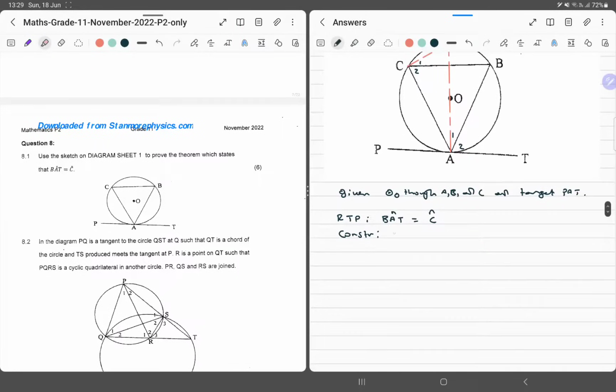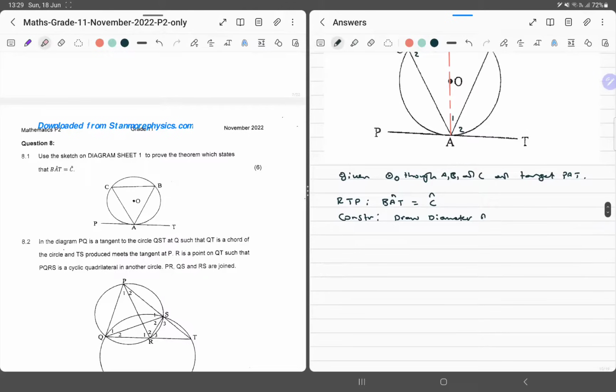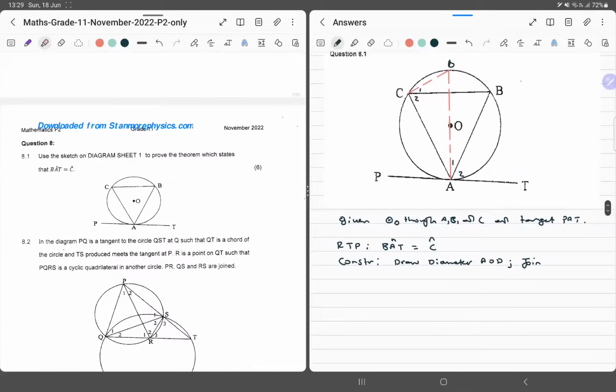We can say draw diameter AOD. Now we can say join CD. Great, that's it.